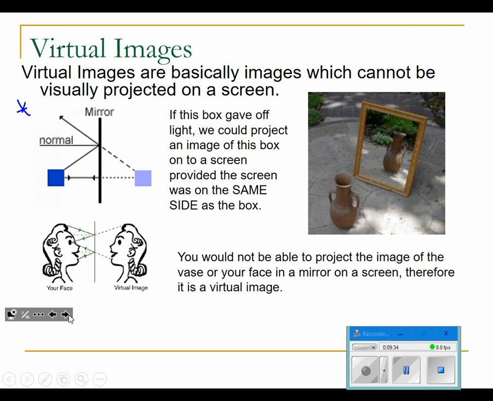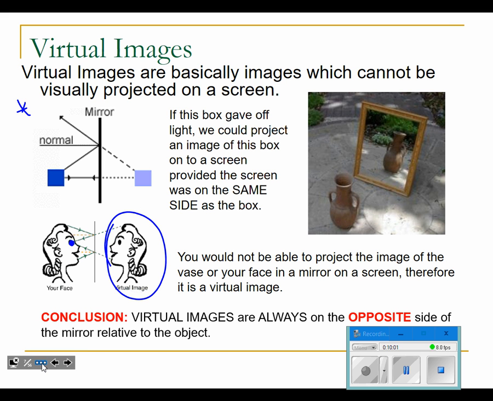So you wouldn't be able to project the image of your face in a mirror onto a screen. Therefore, it is called a virtual image because the light rays don't really come together. They reflect into your eyes, so you see them, but they look like they are over here. We'll talk about how that image forms like that.